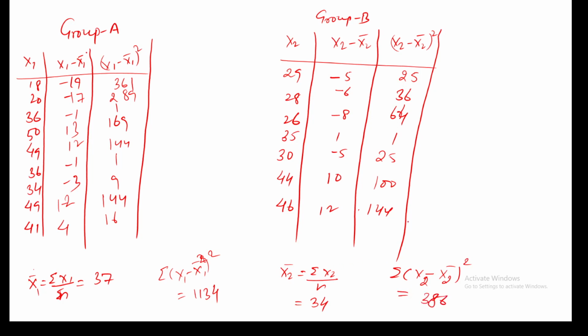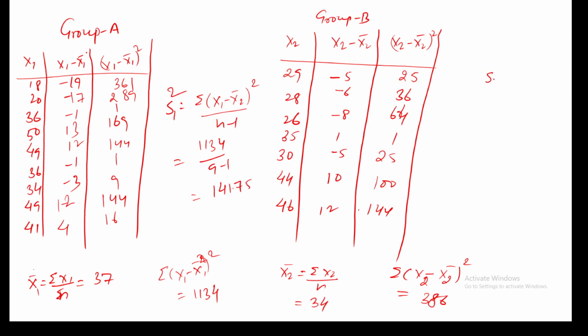Okay, so now we'll calculate the S1 square, upon n minus 1. 1134 minus 9 minus 8, so it will become some 141.